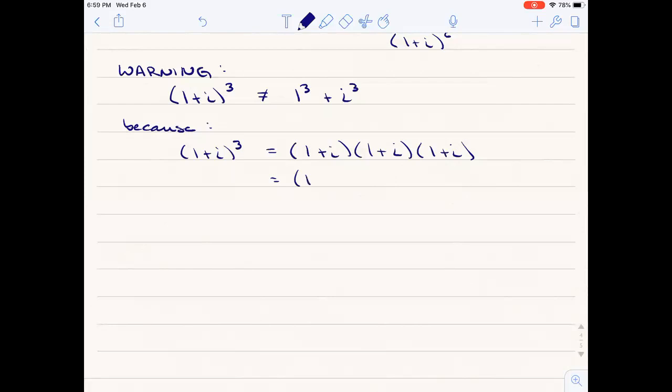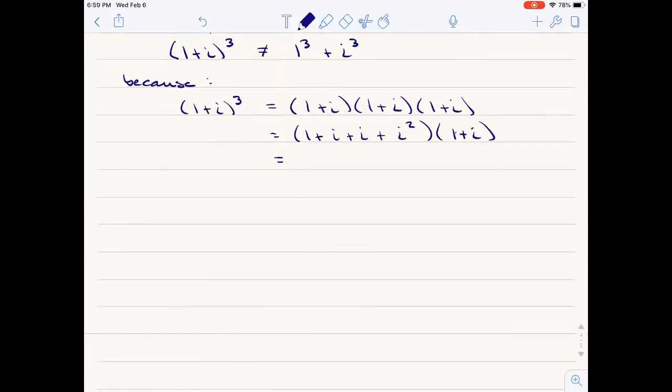So I get 1 plus 1 times 1 plus 1 times i plus i times 1 plus i squared times (1 plus i). We can simplify that just so we don't have to drag it all the way through: (1 plus 2i plus i squared) times (1 plus i).